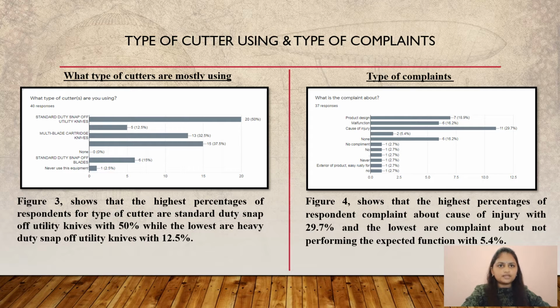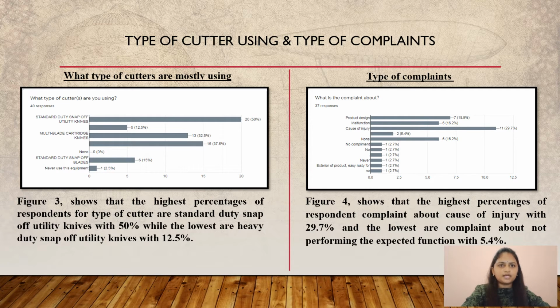The next one is type of complaints. Figure 4 shows that the highest percentage of respondents complain about cause of injury with 29.7%, and the lowest are complaints about not performing the expected function with 5.4%.